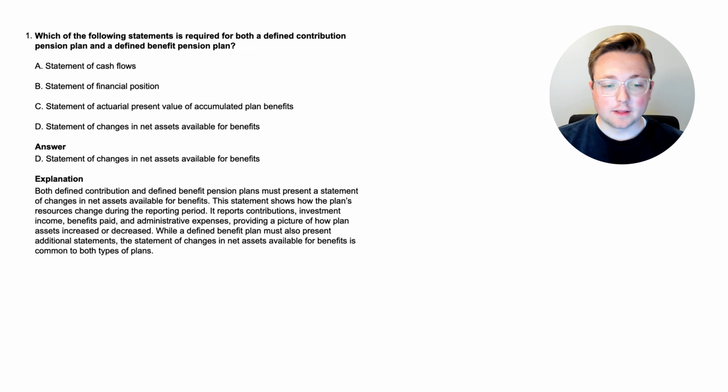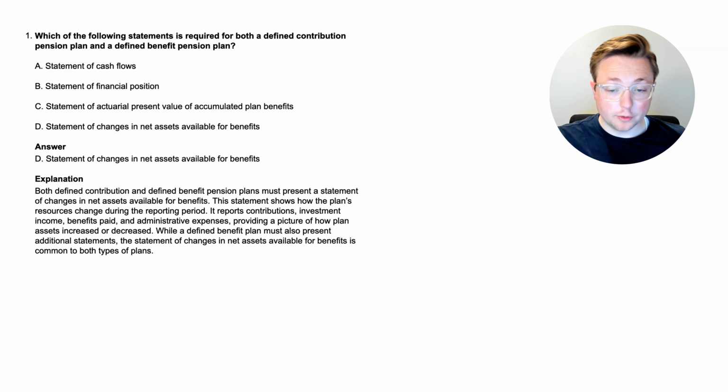All right, here we are at the answer: D, statement of changes in net assets available for benefits. This is a required financial statement for both of these pension plans. Both defined contribution and defined benefit pension plans must present it. This statement shows how the plan's resources change during the reporting period. Basically, it's similar to an income statement, but for benefits.